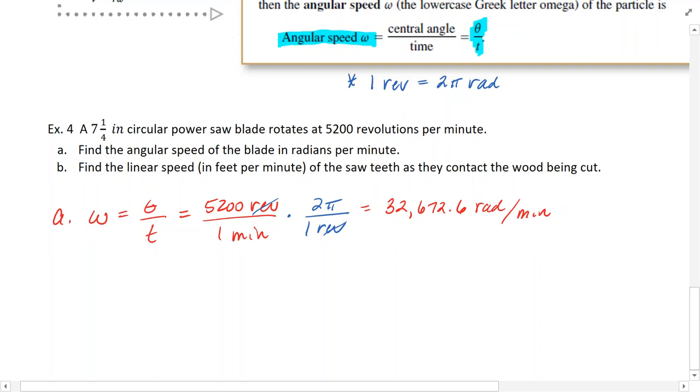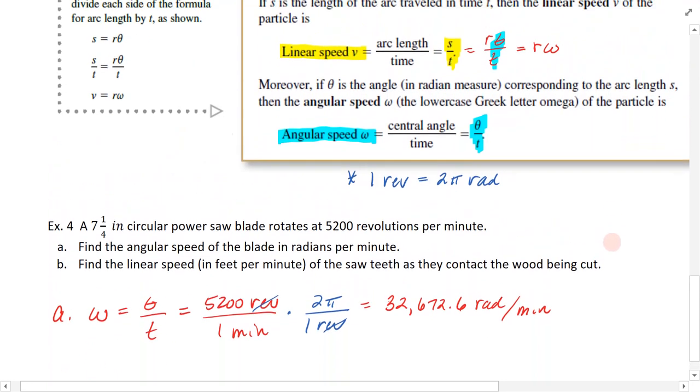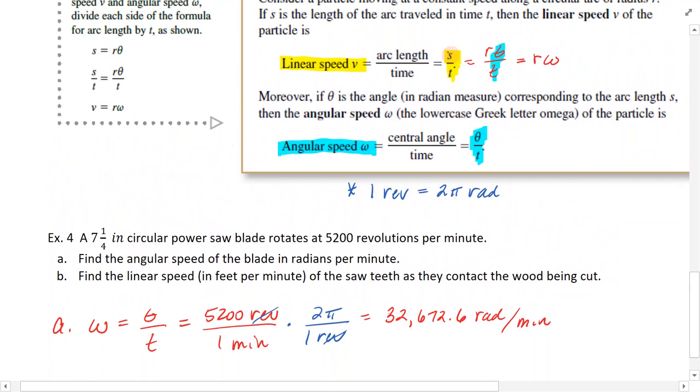The second part of this question asks me to find the linear speed. Remember, our linear speed v was defined in 3 ways above. We can define it in terms of arc length over time, the radius times theta over time, or the radius times omega.